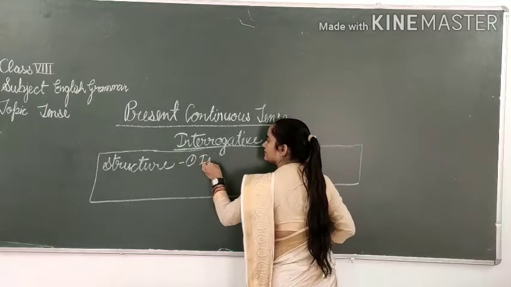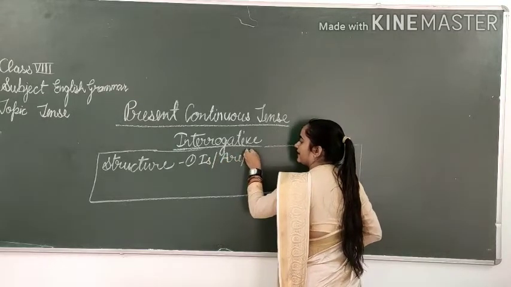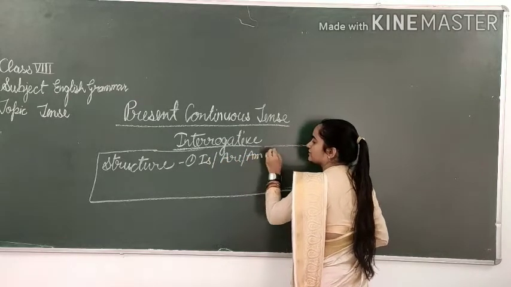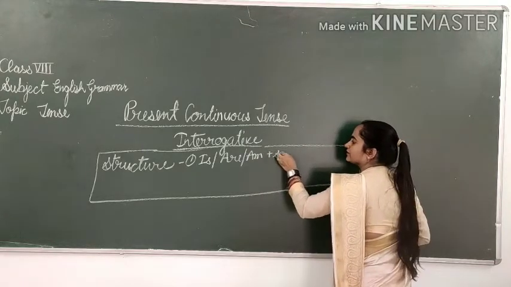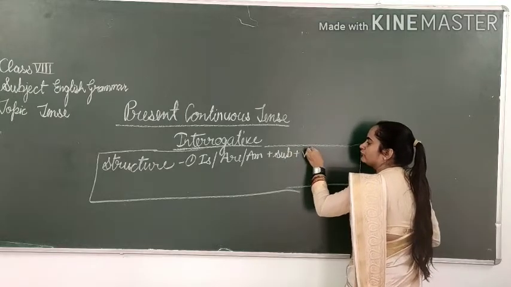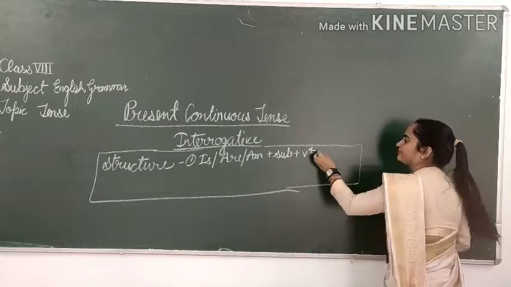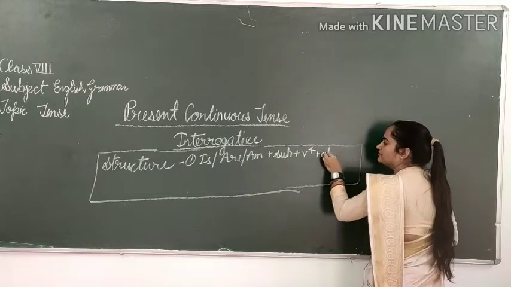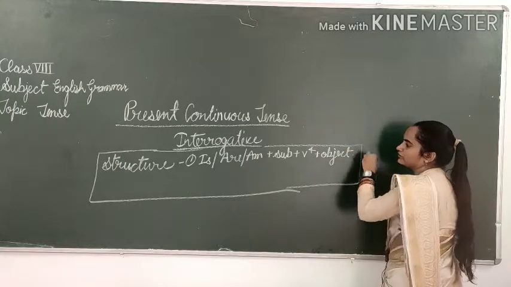Is, are, am according to the subject of the sentence. Then after we will put subject and then V4. V4 means verb form with ing, plus object, and in the last you will put full stop.